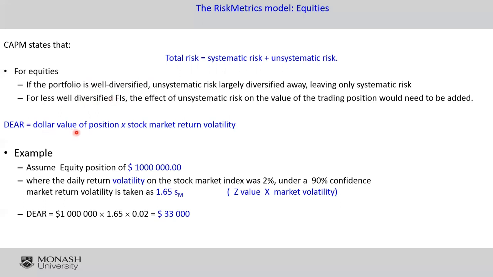So the DIR is the dollar value of the position times the stock market return volatility, and this volatility is coming actually from the volatility of the index.